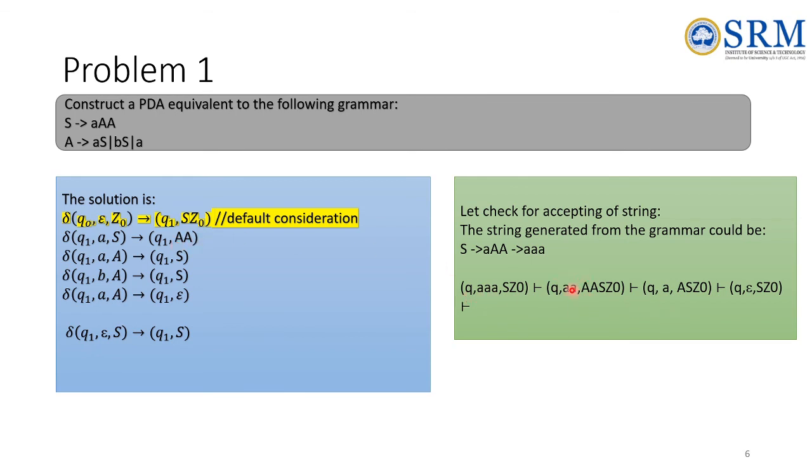See, two capital A's I have pushed. Then again (Q, a, A), here I have (Q, a, A) means I am popping out. So a capital A is popped. Again (Q, a, A) is popping out, and my capital A has been popped. Now (Q, ε, Z0). That's it, I reach the final state.